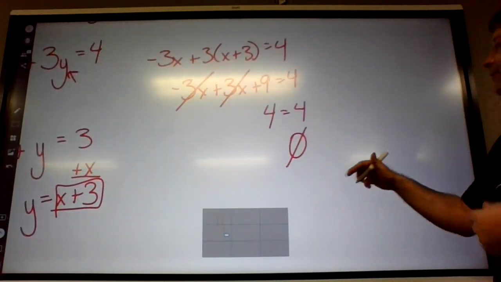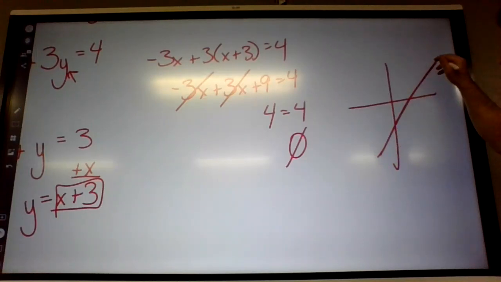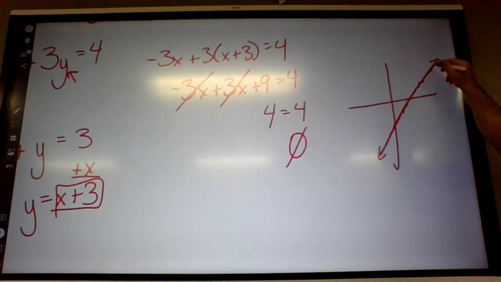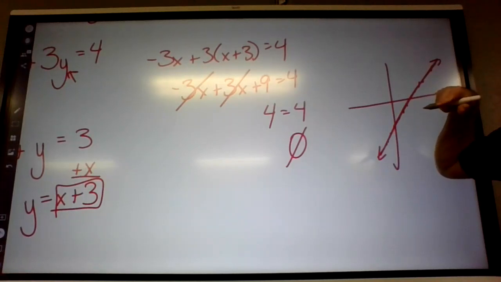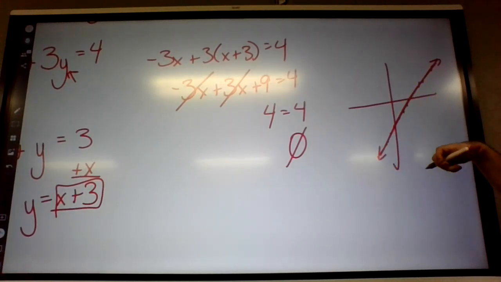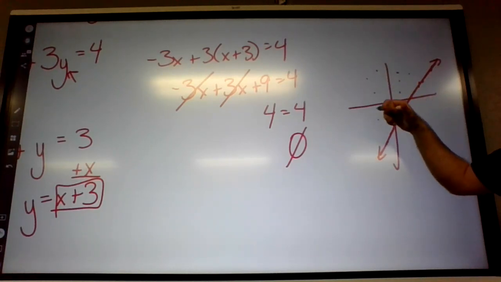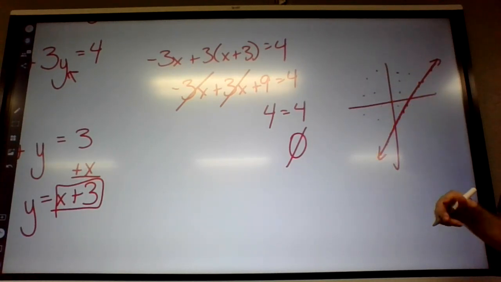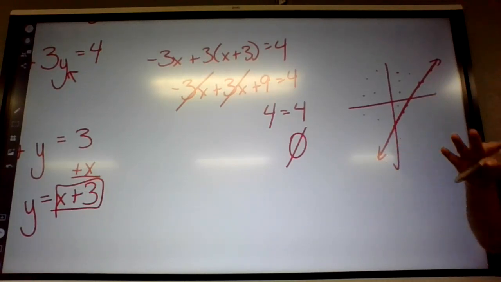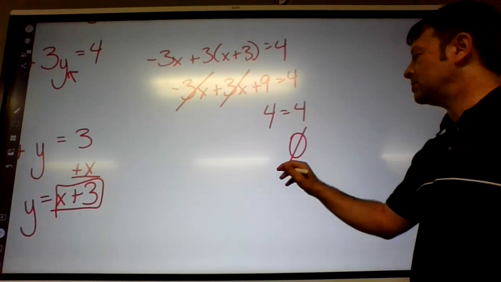If it's 4 equals 4, it basically means it's the same line, and that means they have all these solutions in common. So I'm going to have you put, if that happens, infinite solutions. Which is not all real numbers because there's also these infinite non-solutions. It's a little more complicated when there's 2 variables. It's not just no solution or all solutions, but does that make sense?